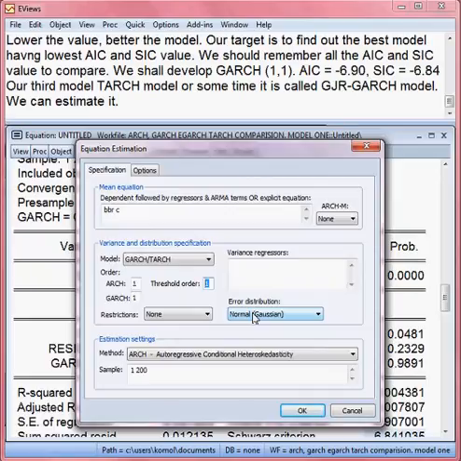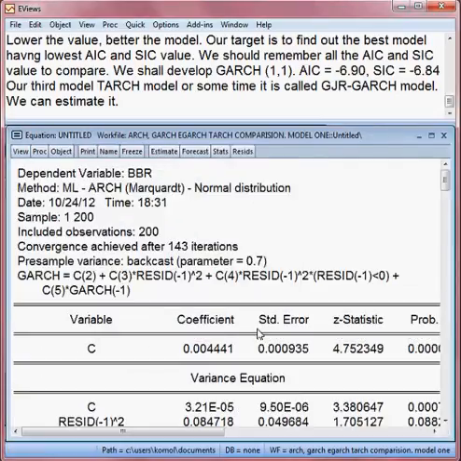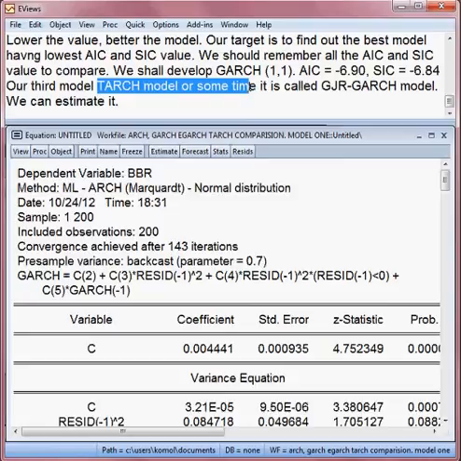Only here I put 1 to estimate the TARCH model. So I press OK. So it is our TARCH model, or sometimes it is called the GJR GARCH model.